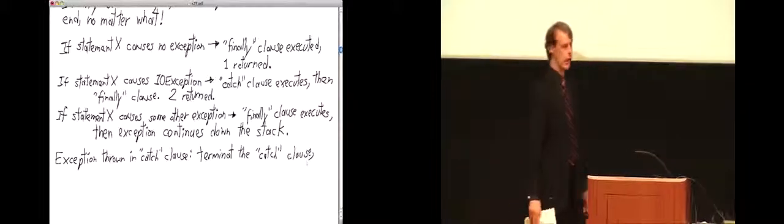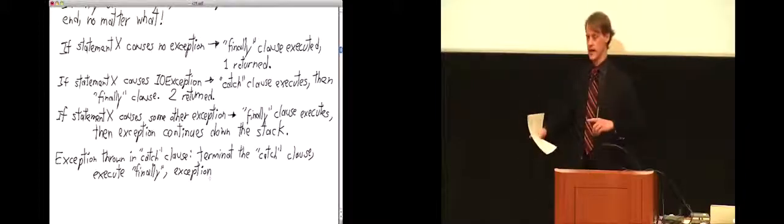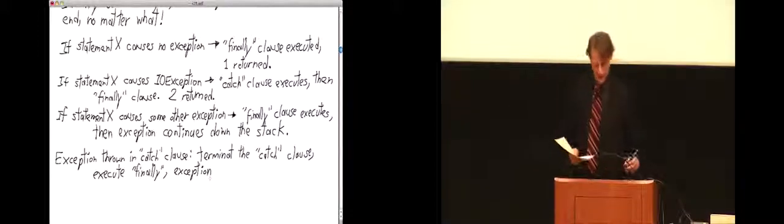But the finally clause is going to execute, or at least start executing, no matter what happens. So we have to go do the finally clause now. And then, after that, the exception has not actually been caught. The new exception has not been caught. And so that exception continues down the stack.